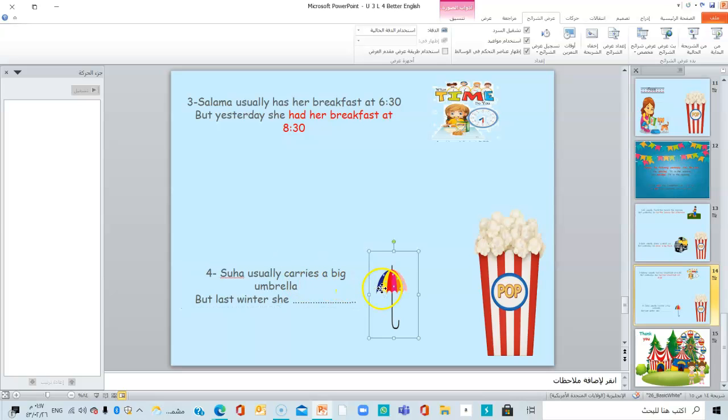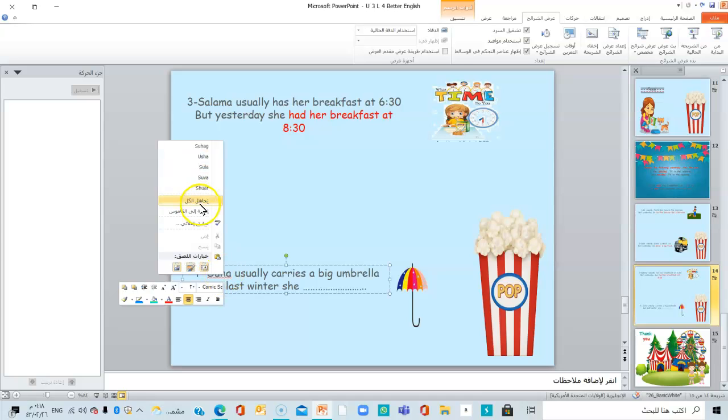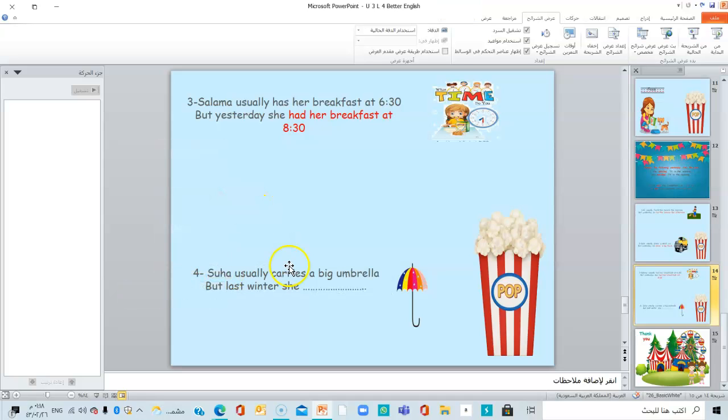Suha usually carries a big umbrella. But last winter, what's the past of carry? Carried. She carried a small umbrella.